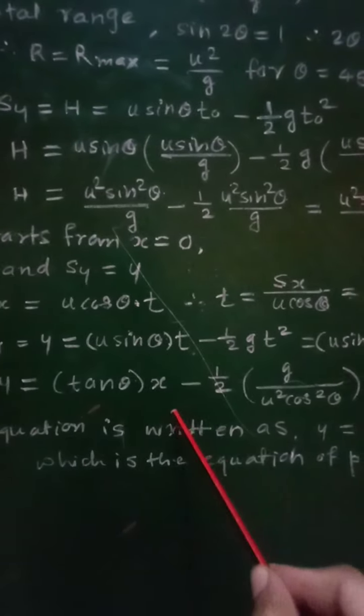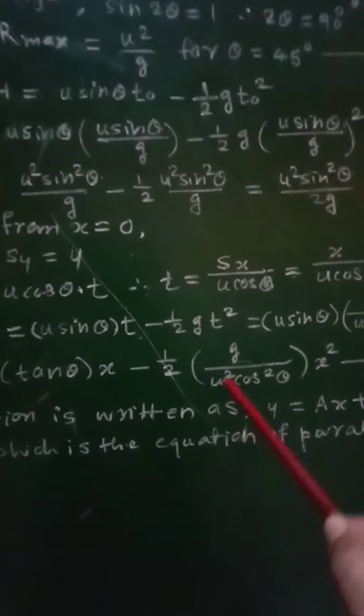And this equation will represent the displacement of that projectile along y-axis, which is called the equation of path of projectile, given as y equal to tan theta x minus half g upon u square cos square theta x square.